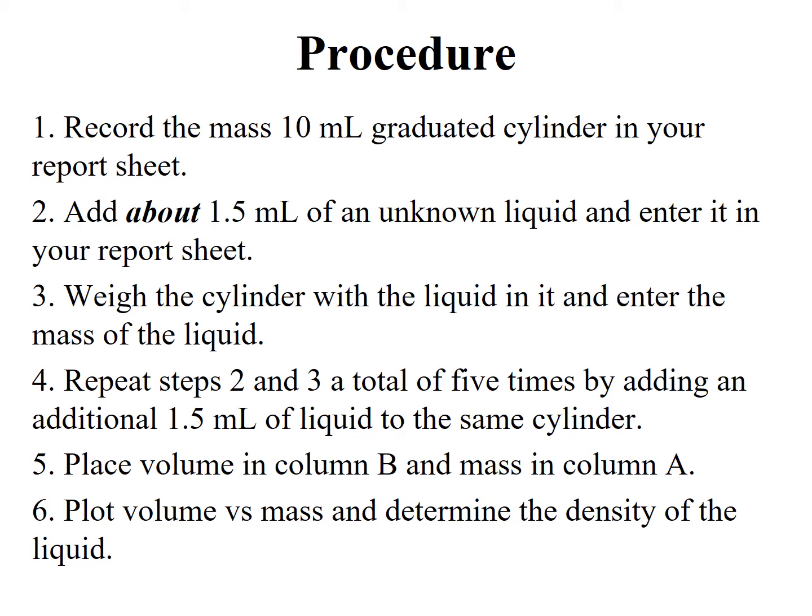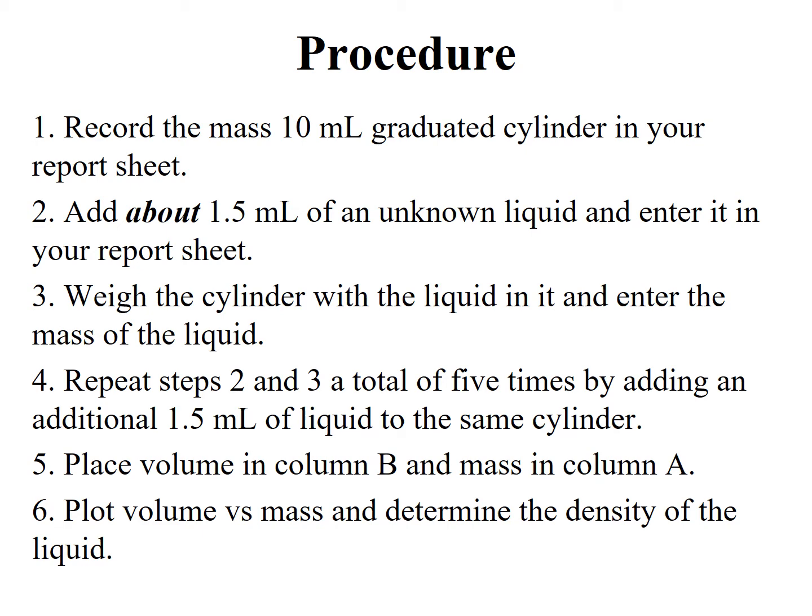First, you record the mass of the 10 ml graduated cylinder in your report sheet. Then you're going to add about 1.5 ml of the unknown liquid and weigh the cylinder with the liquid in it. Once you know the mass of the cylinder plus the liquid, you subtract the mass of the cylinder, and you get the mass of the liquid.